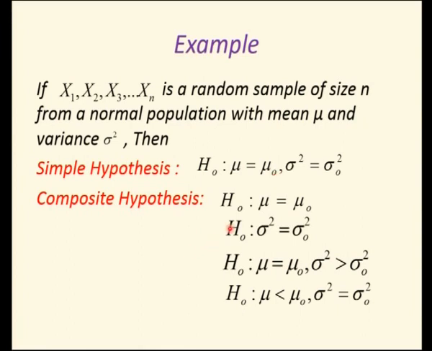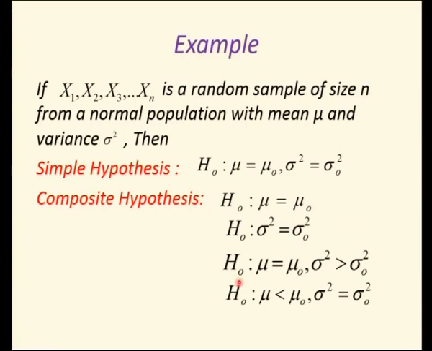In composite hypothesis I said that it will not completely specify the population. So, in such a case your H naught can be mu is equal to mu naught. When you take this particular example, H naught is such that mu is equal to mu naught, standard deviation is not clearly described. Come to the second example, H naught such that sigma squared is equal to sigma naught squared. Here you find that mean is not specified.